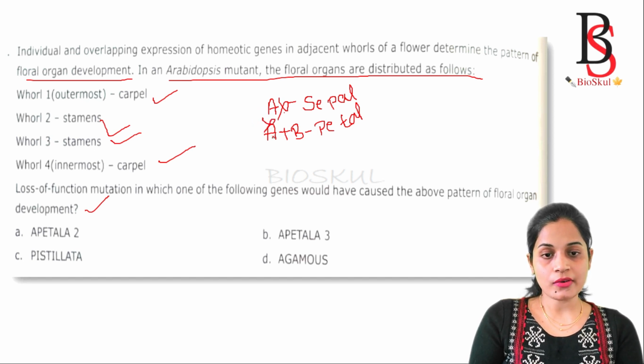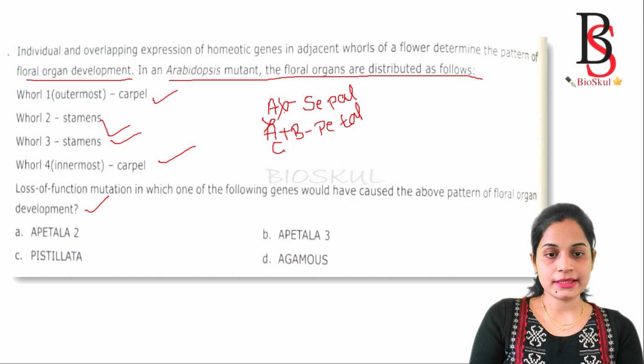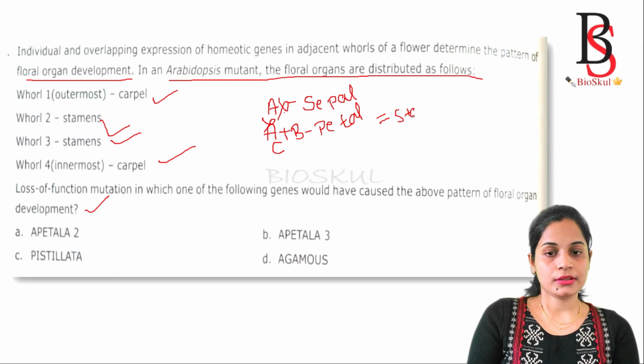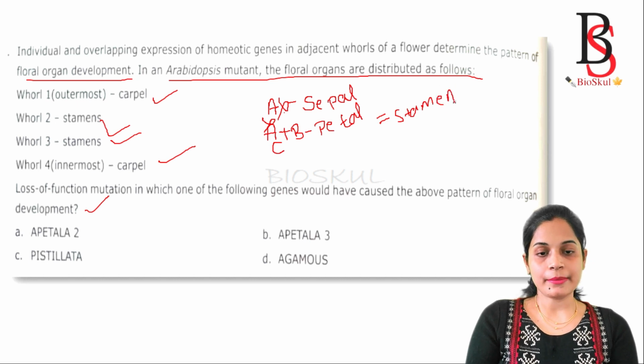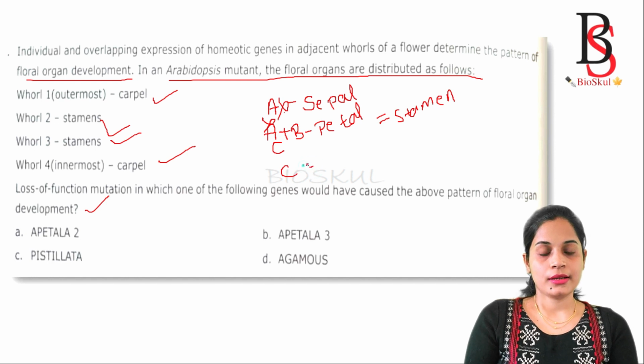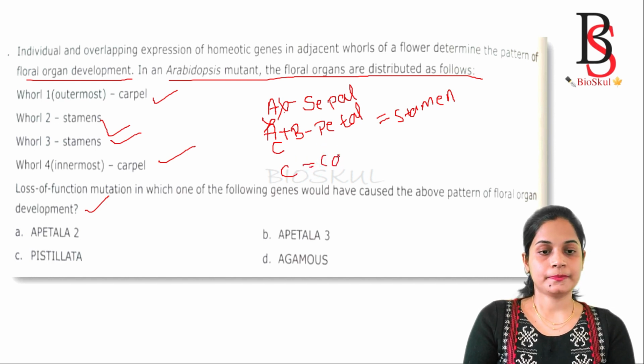So instead of A, what is expressed? It expresses the C. The C plus B is the stamen. And the last, the C forms the carpel.